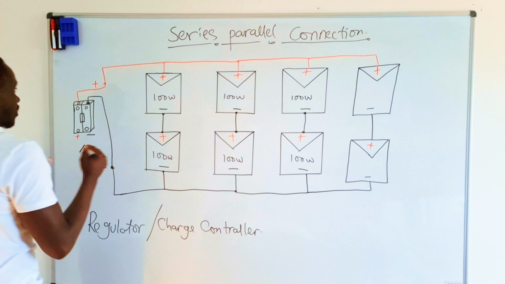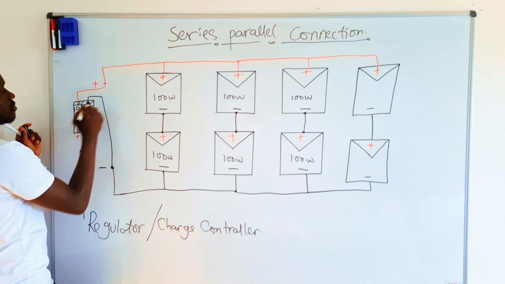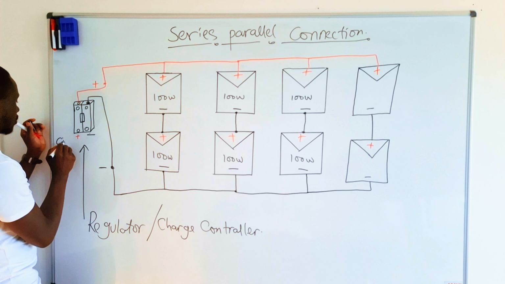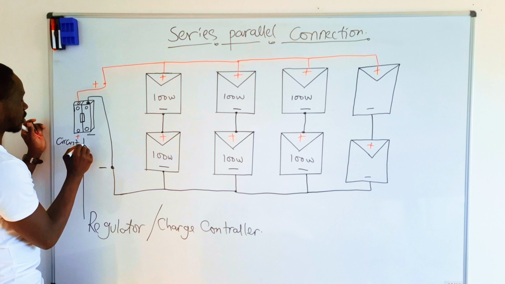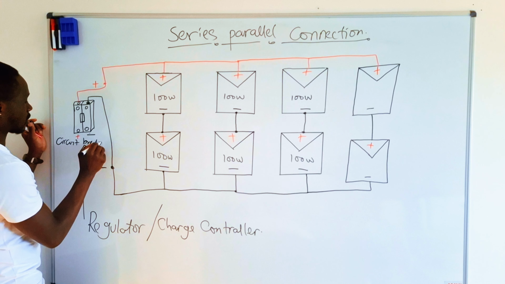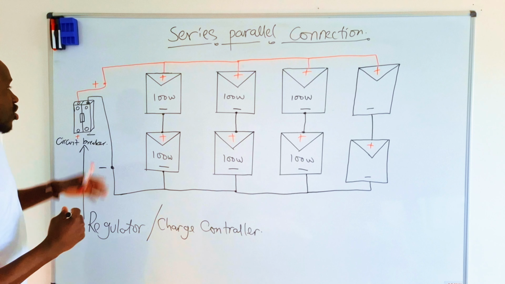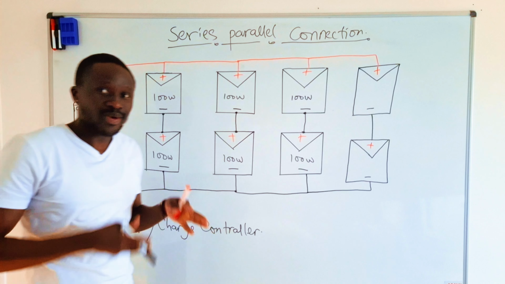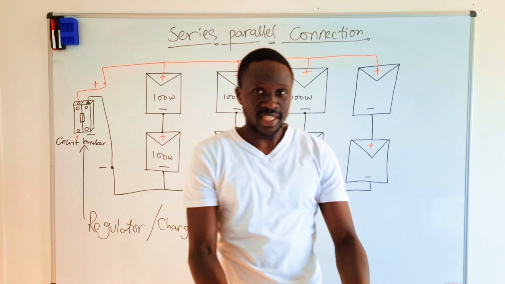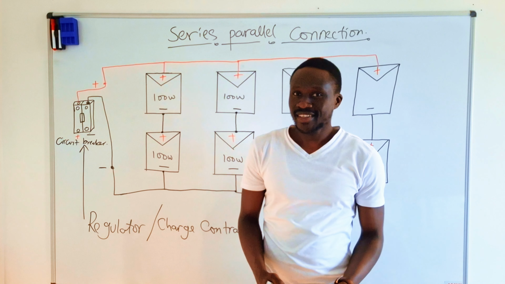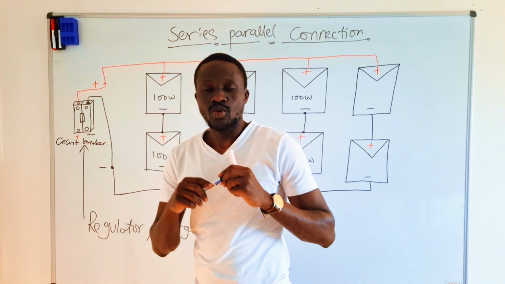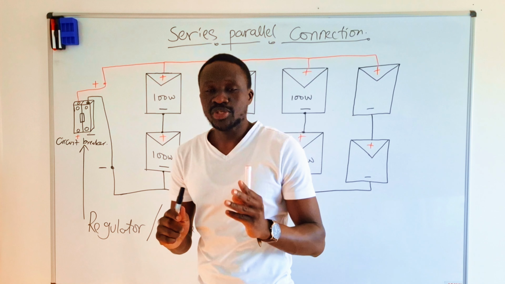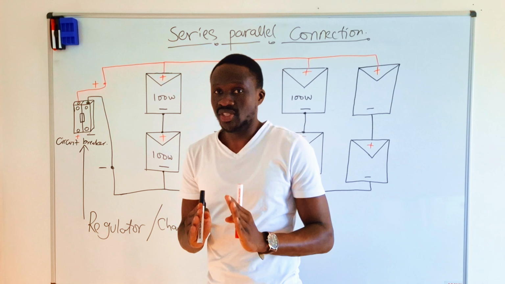Yes, this is the circuit breaker. And your power from the panel will be here, waiting to be connected to the regulator. Okay, and don't wire any installation without putting a regulator, please.